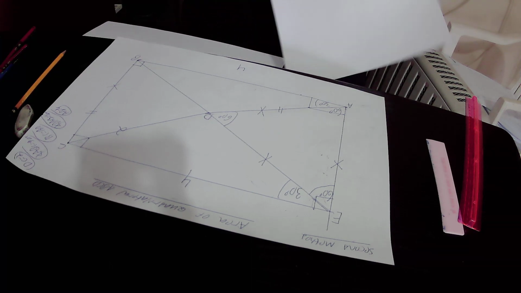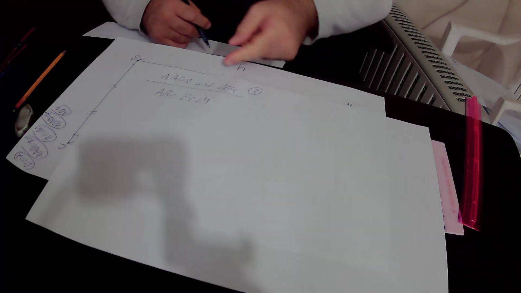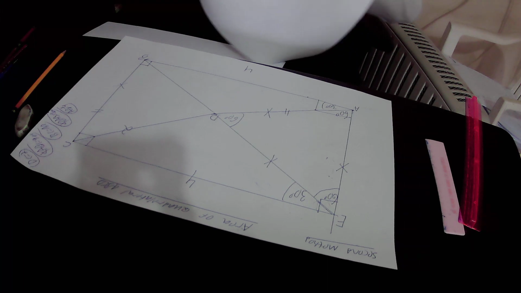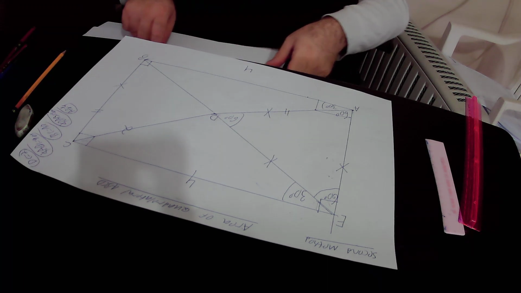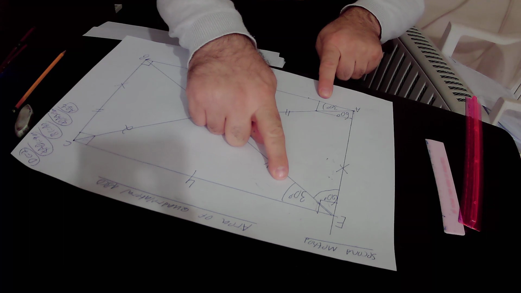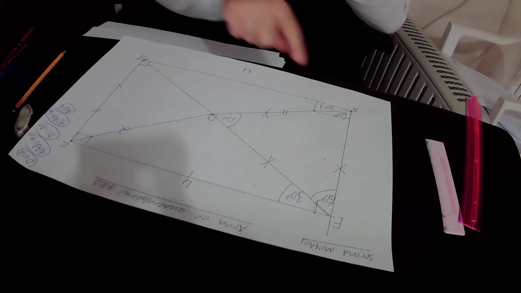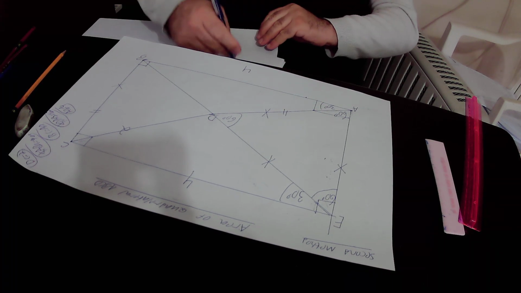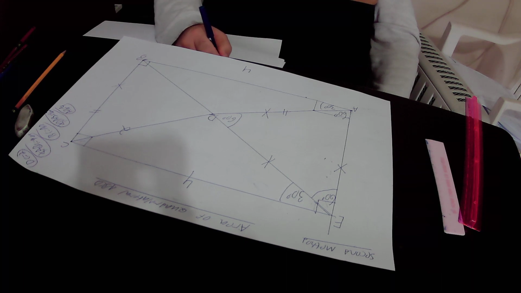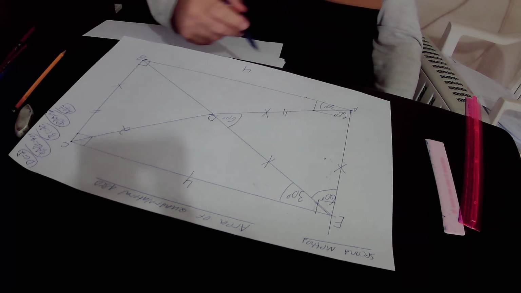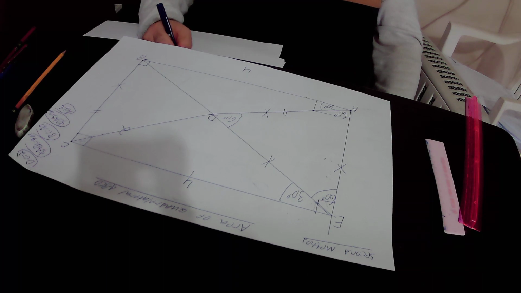I'll repeat again. AB equals EC equals 4 units. In addition, we know that those two angles are equal to each other, they are both equal to 30 degrees. That is to say, angle BAD, this angle, equals this angle, angle CED, and both angles are equal to 30 degrees.